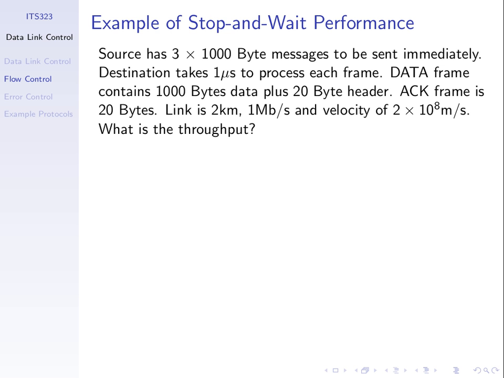We have 1,020 bytes in total, or 8,160 bits. We're transmitting at a rate of 1 million bits per second. So 8,160 bits at 1 million bits per second is a transmission delay of 8,160 microseconds.